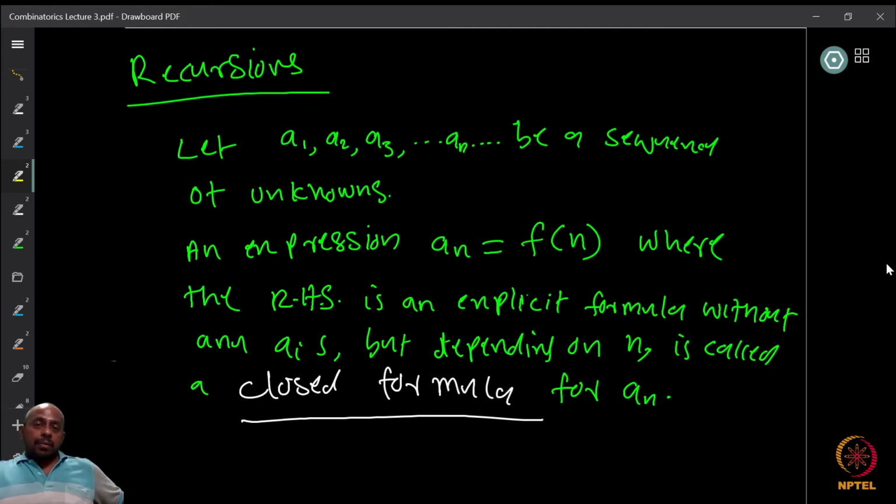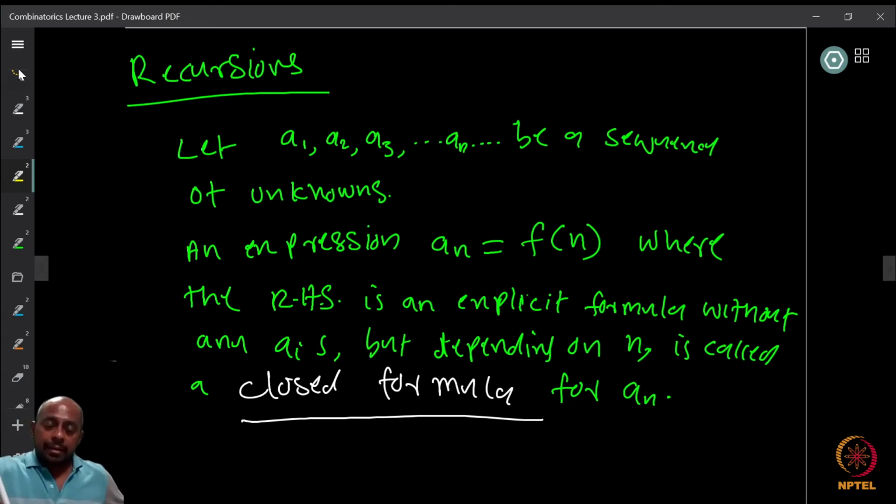Now, to come up with solutions to this, we might need to use some new ideas. One of the ideas is called recursion. Suppose you are given a sequence of, let's say, unknown values, a1, a2, a3, etc. What we want is to find a way to describe a_n.